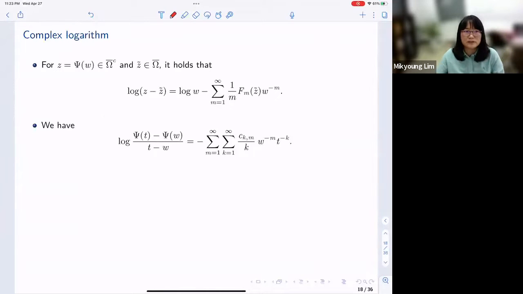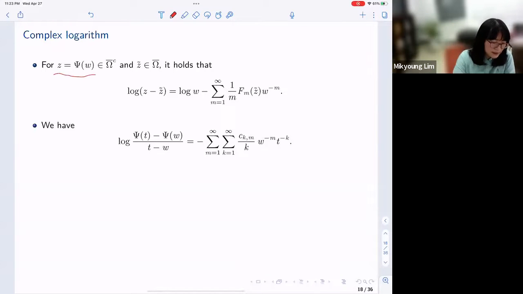And from the generating relation for the Faber polynomial, we have an expansion for the complex log function. So when z is psi(w), the log of (z minus z tilde) equals log w minus the summation of 1 over n times the Faber polynomial F_n(z tilde) times w to the minus n.